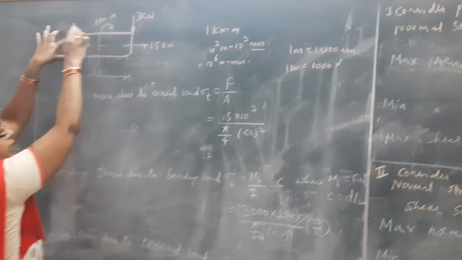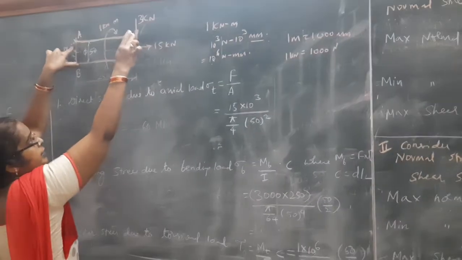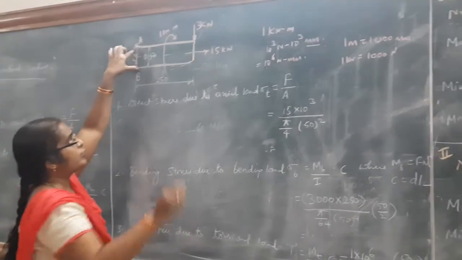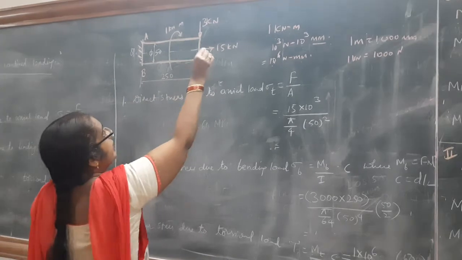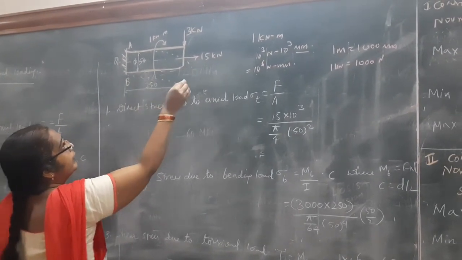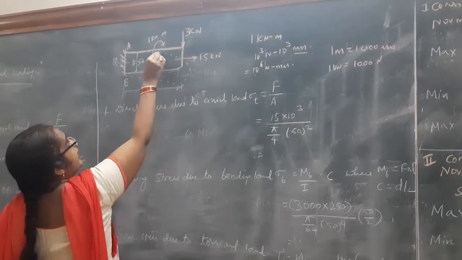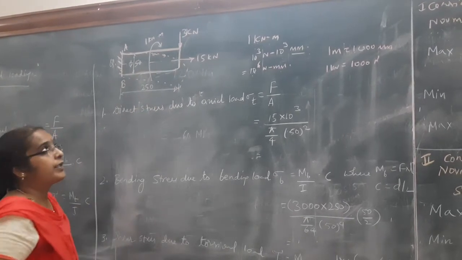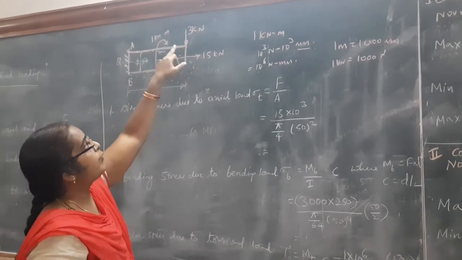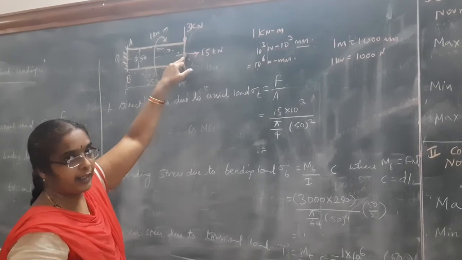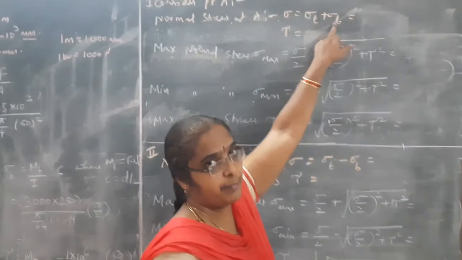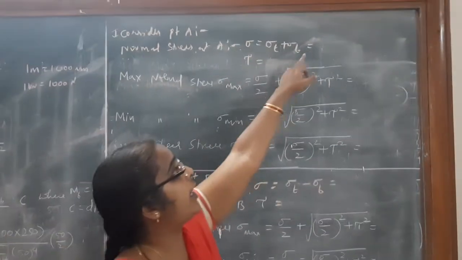That is, at point A, there is a tensile stress due to the bending load and also a tensile stress due to the axial load, so there is elongation of the member at point A. Because both are tensile in nature, I am going to add sigma T plus sigma B to get the value of sigma at A.